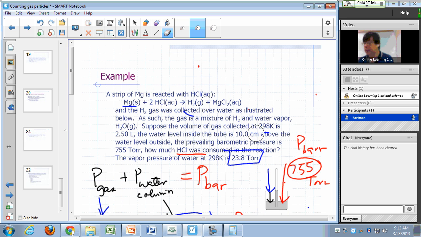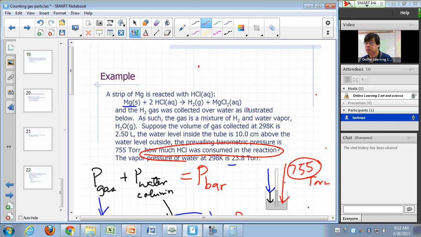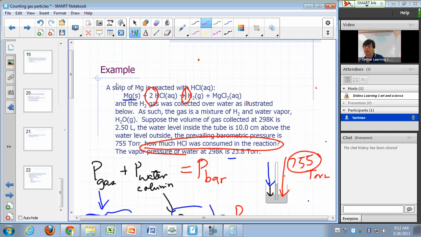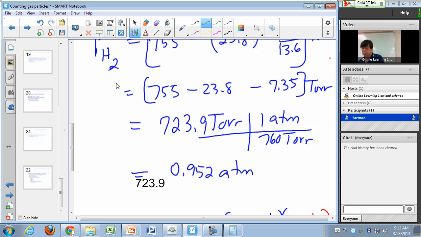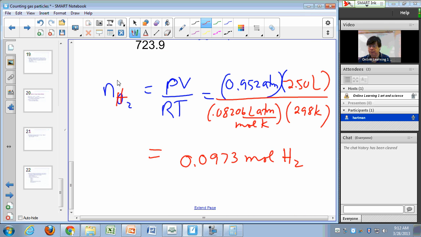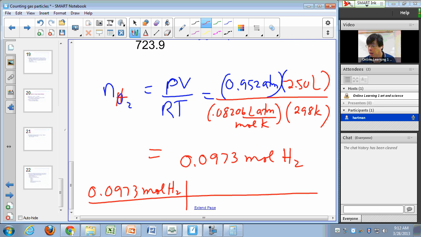How much HCl was consumed, right? So the question here is how much HCl was consumed. The H2 to HCl ratio is 1:2. 1 mole of H2 for 2 moles of HCl. So I multiply 0.0973 moles of H2 by 2 moles of HCl for 1 mole of H2.